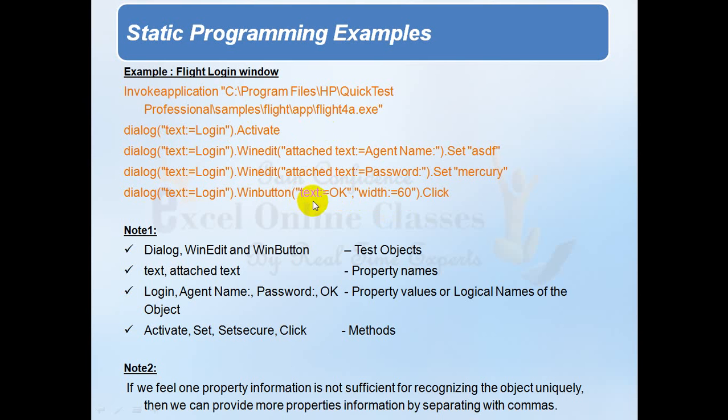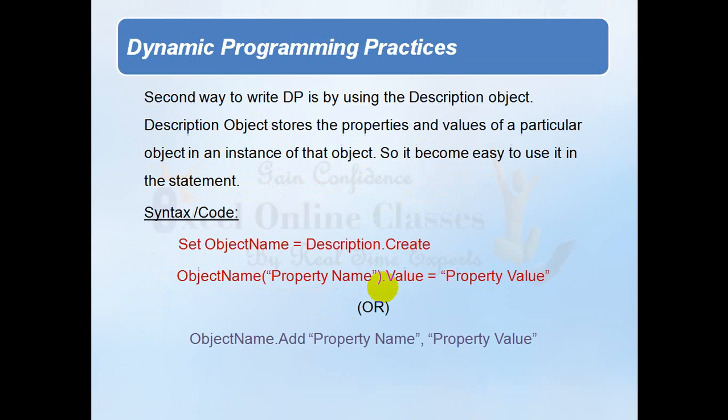This is the property name and this is the value. This is the property name of agent name and this is the value of agent name. In that agent text box we are setting some data. We are giving some inputs. Later we are performing some operation. Activate, set, click, all these are methods, right? So this is about static programming.